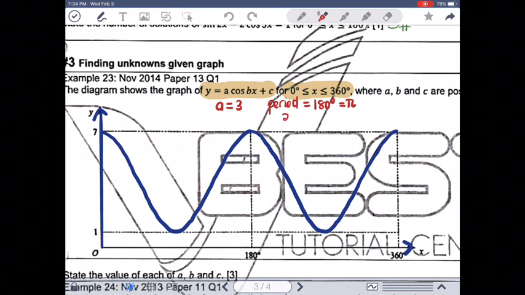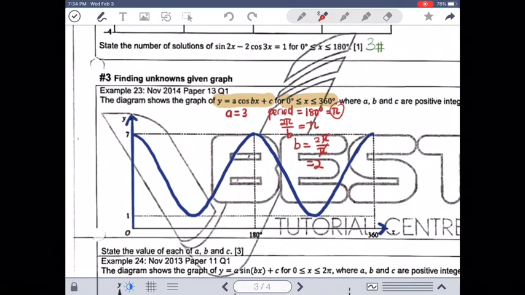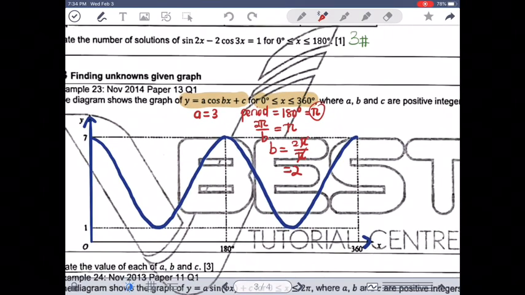And we know that the formula for period is 2 pi over n. In this case, our n is b. So therefore, 2 pi over b is equal to the period, which is pi. That means b is equal to 2 pi divided by pi, which equals 2. So that is the value of b.